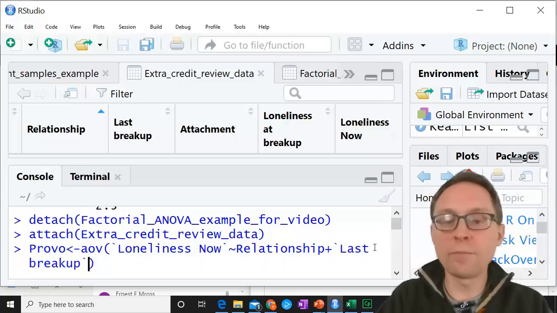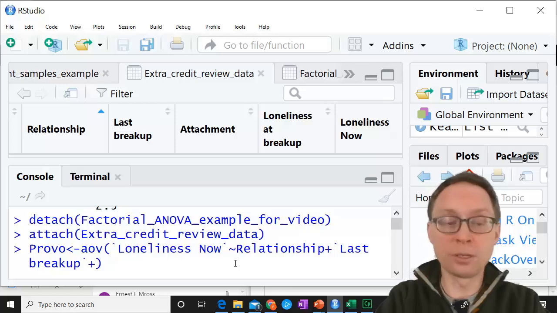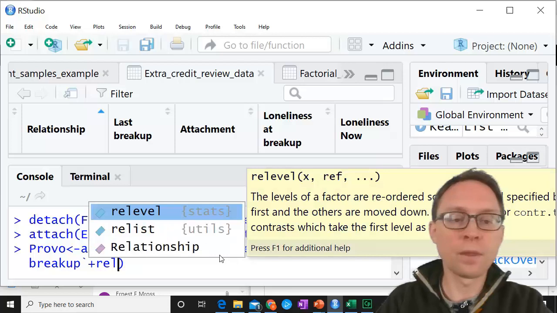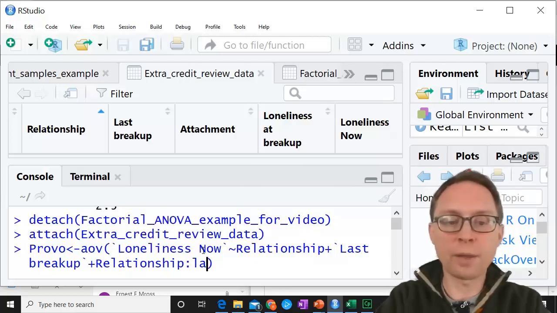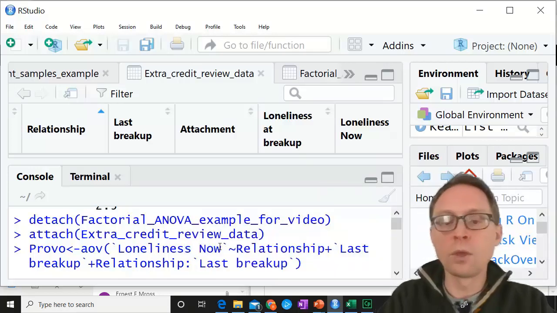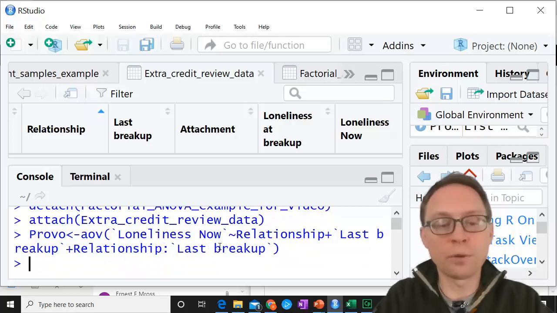But this is only the main effect for last breakup. We don't want just two main effects. We also want the interaction, which is going to be relationship by last breakup. Okay, when we do this, it does nothing except it creates something called Provo.